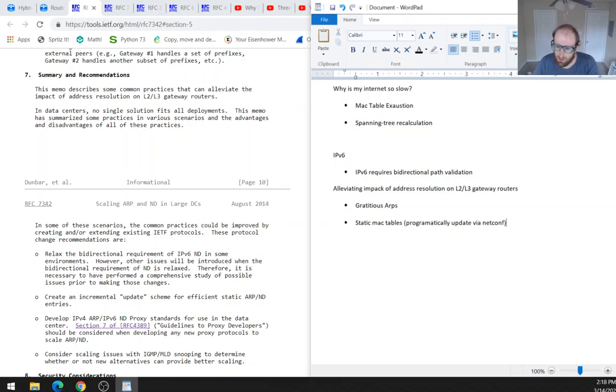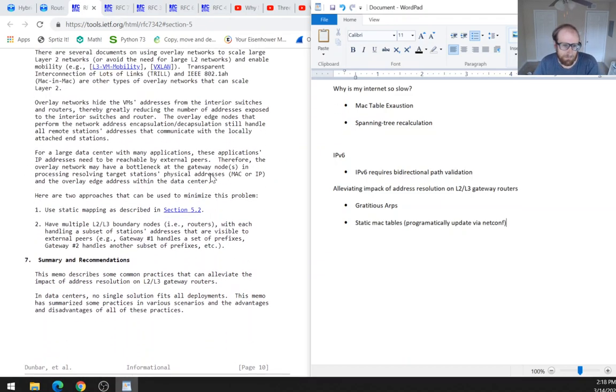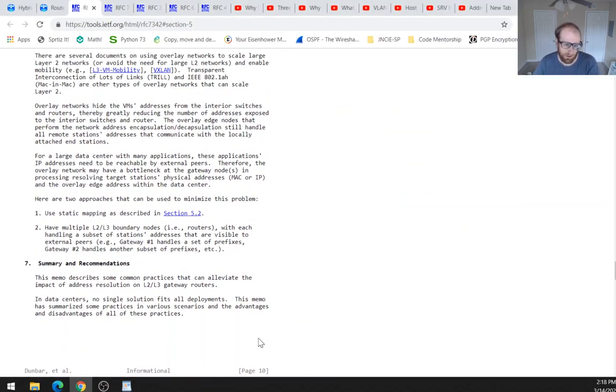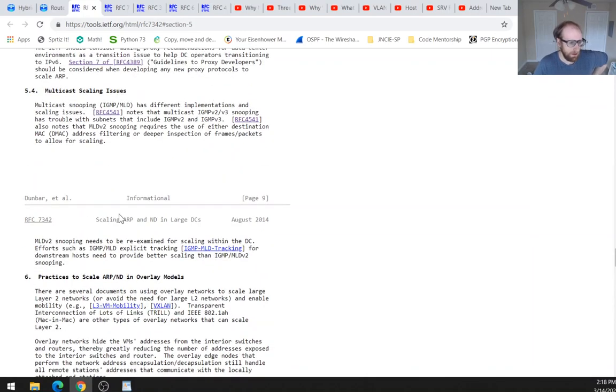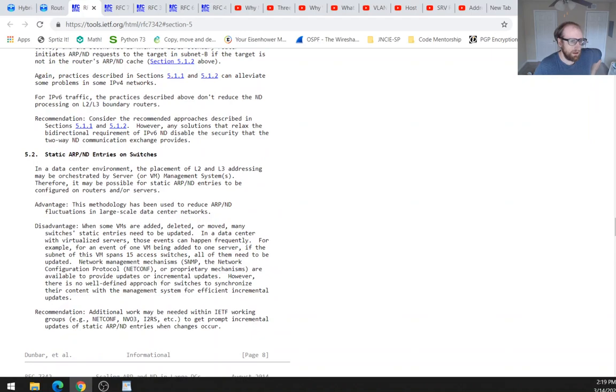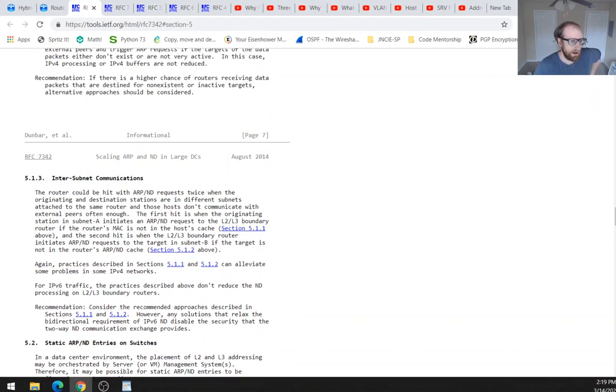So you make sure that you're not relying on broadcast traffic. You're relying on a tool that uses unicast traffic, and you update your MAC addresses that way. The other way, yeah, so that's static.